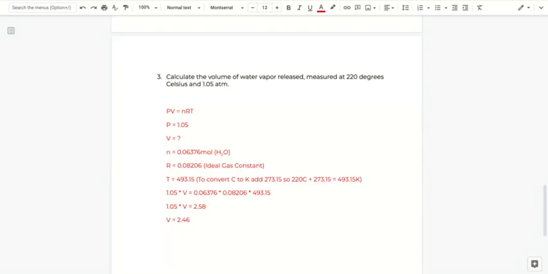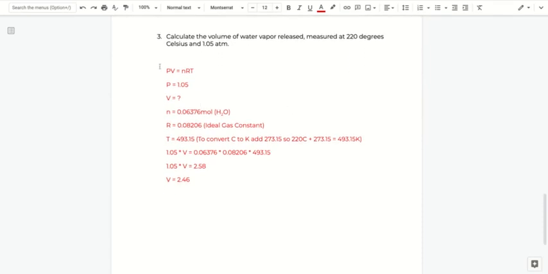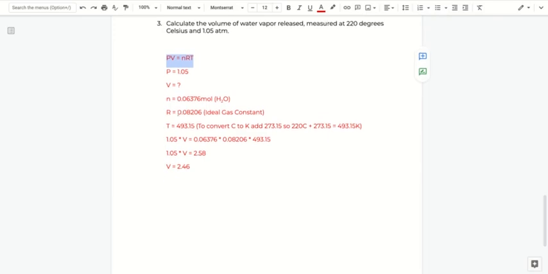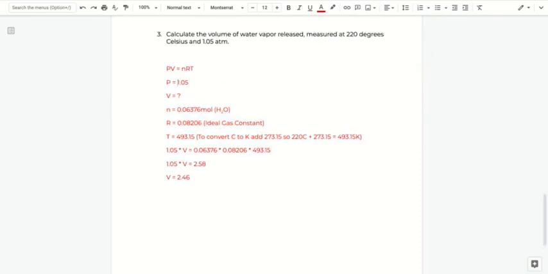And now question 3 asks to calculate the volume of water vapor released, and then it gives you the different conditions, the other parts of the equation you need to know. So the equation you use is PV equals nRT, and I filled out all the stuff we knew, right? So we know the pressure is 1.05 atmospheres.